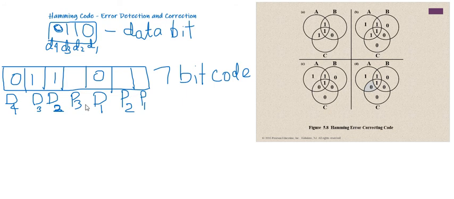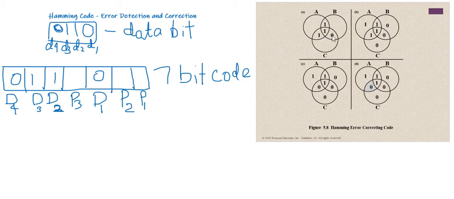If you want to find out P1, P2, P3, let's use the Venn diagram like this. When you are using the Venn diagram, let me show how to fill in the data. I will write it here in the same Venn diagram.